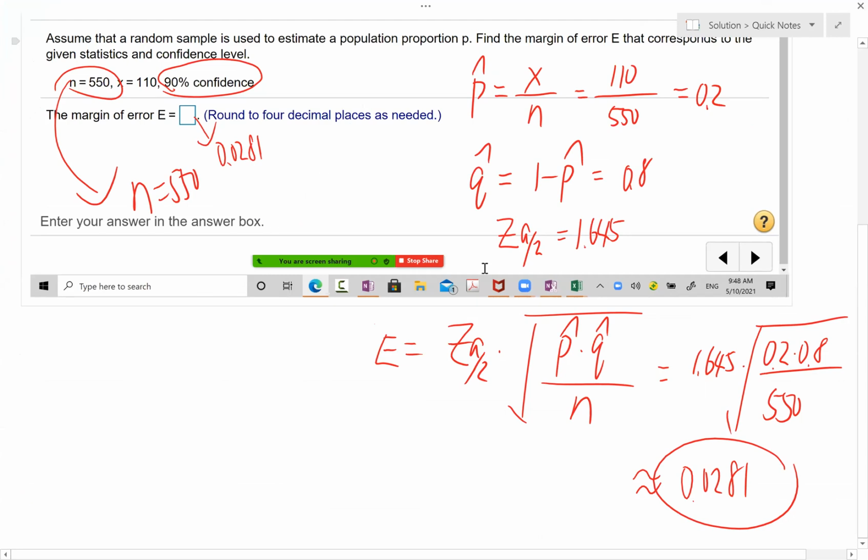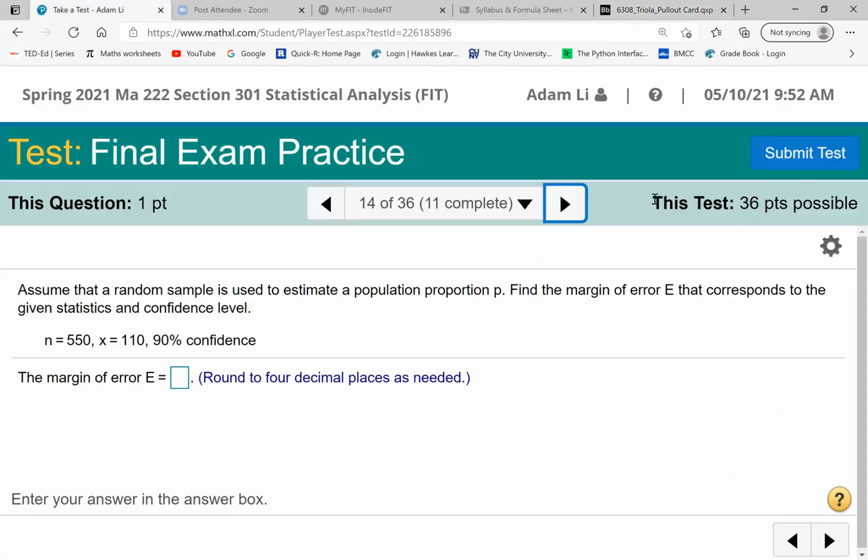Basically for chapters 7 and 8, typically you have a standard procedure and then just calculate each element from the formula step by step, and you'll be able to get to the final solution. Okay, that's question 14.